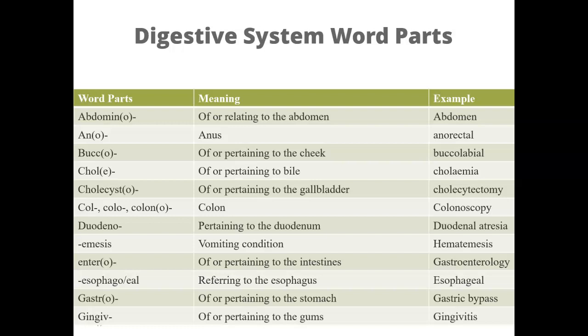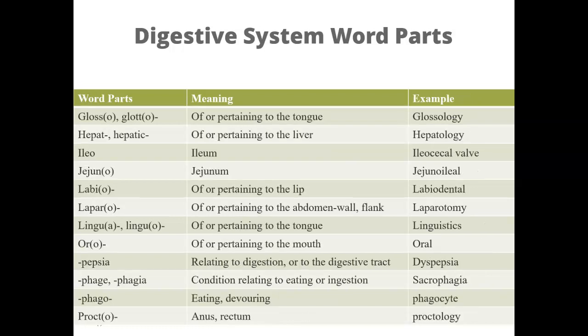Gastro means stomach, and gingiva means pertaining to the gum. We also have glosso or glotto, which is referring to the tongue. Hepat or hepatic is referring to the liver. Ilio is referring to the ileum. Jejunal is referring to the jejunum.